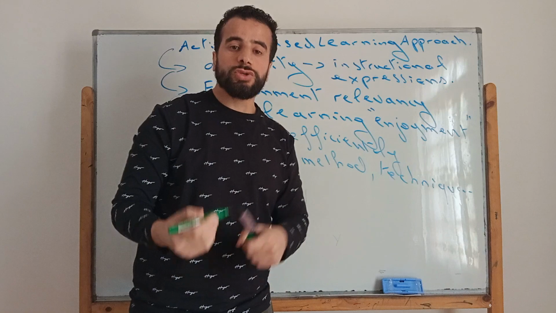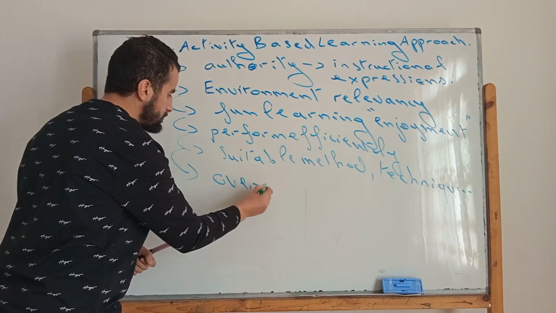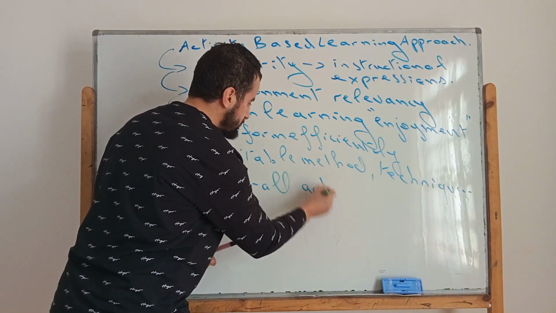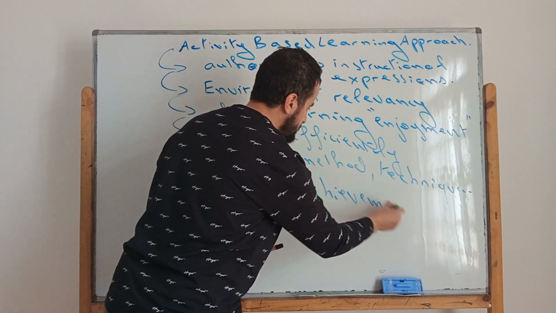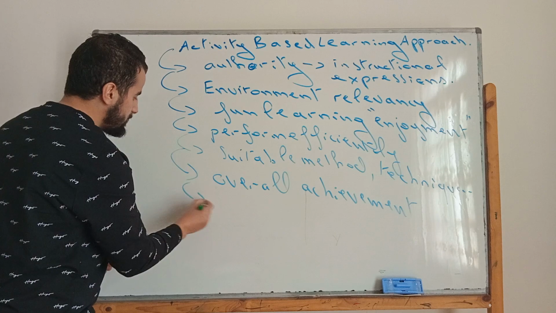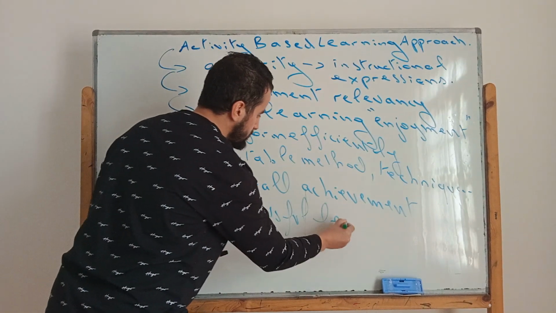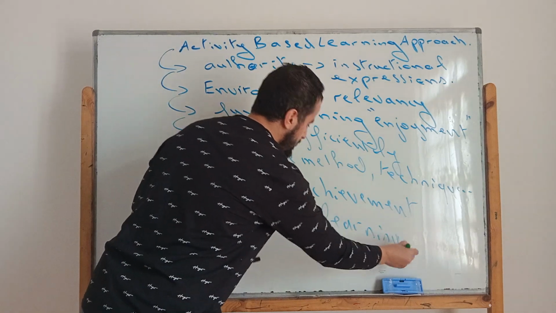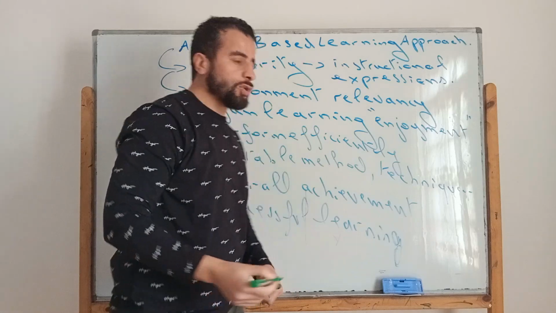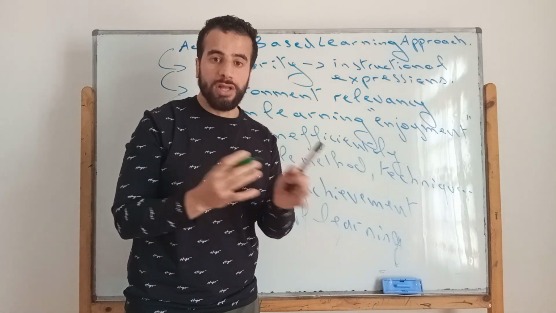When we consider these, we are going at the end to have an overall achievement. Achievement leads to successful learning. Therefore, it could prove that your lesson is being understood by your learners.